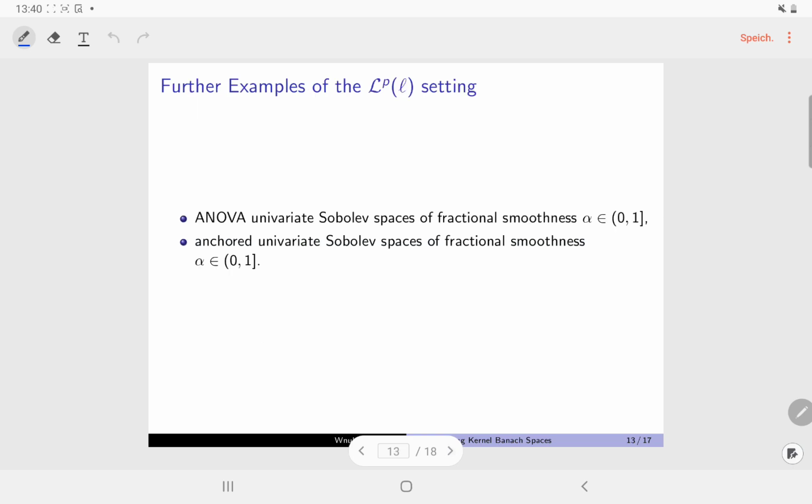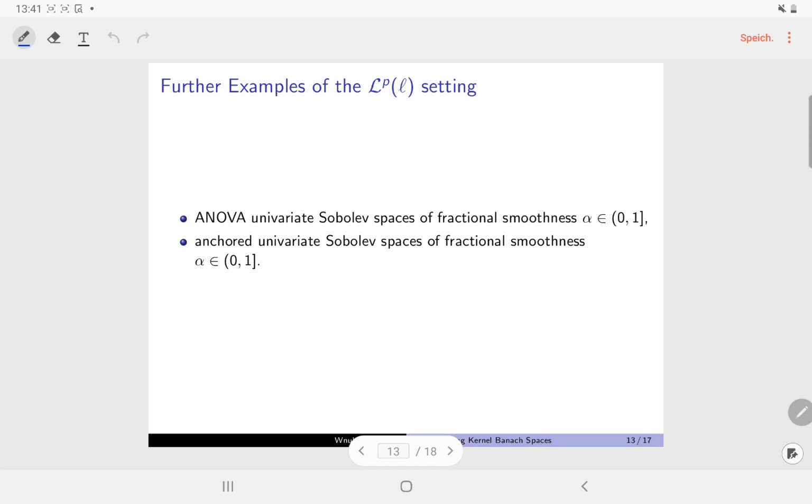There are also many different examples of the LP of L setting, not only those spaces connected to geometric discrepancies. As some very typical example, let me mention the ANOVA univariate Sobolev spaces of fractional smoothness and also the anchored univariate Sobolev spaces of fractional smoothness.